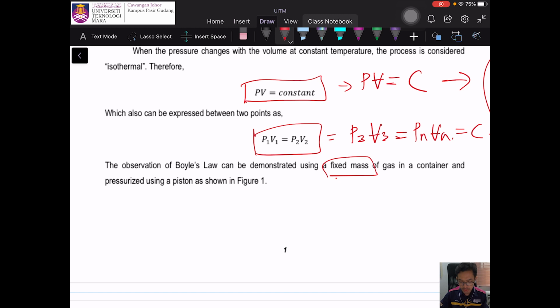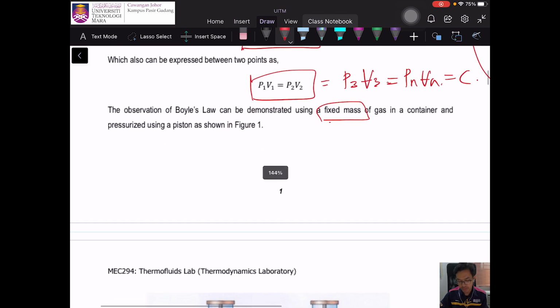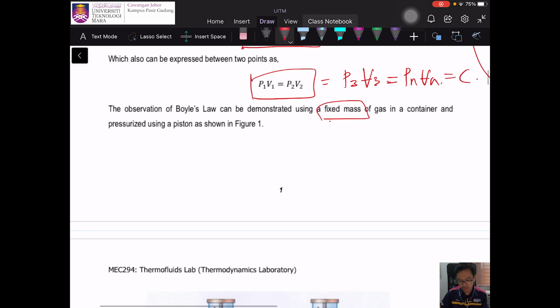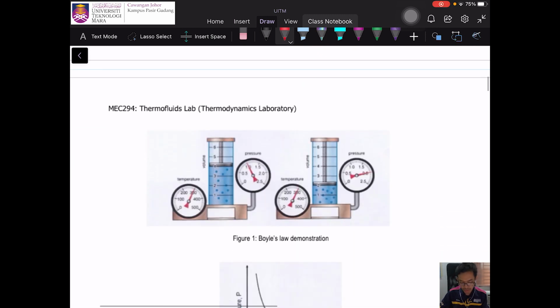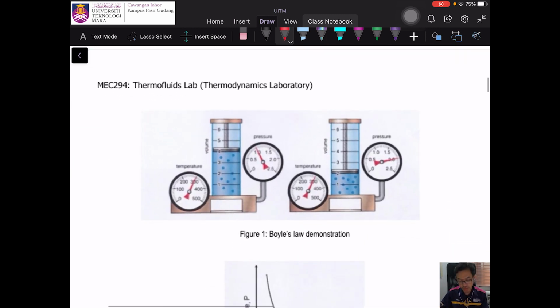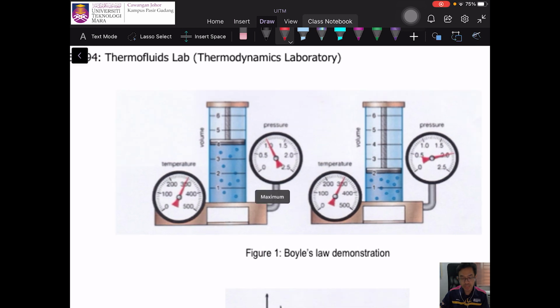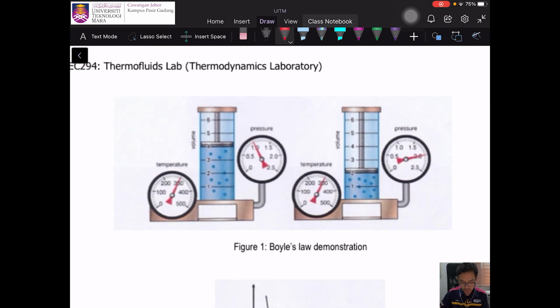Right. In terms of the characteristic of the gas, when we do the experiment we can imagine a piston cylinder device, such as in this picture on the screen. We have two pictures, on the left side and the right side.